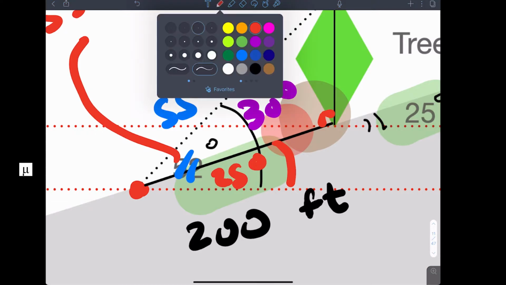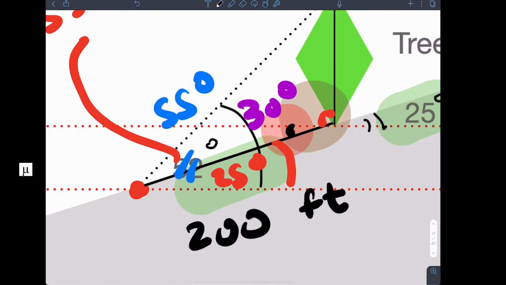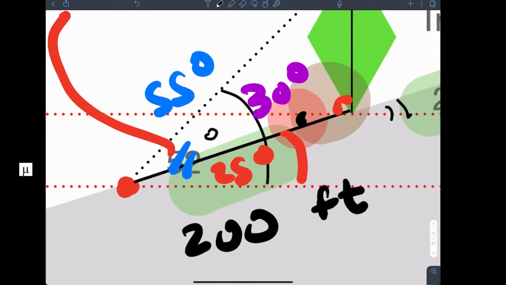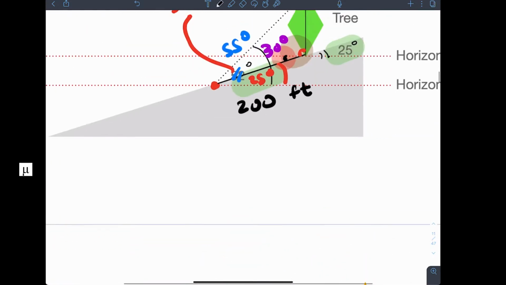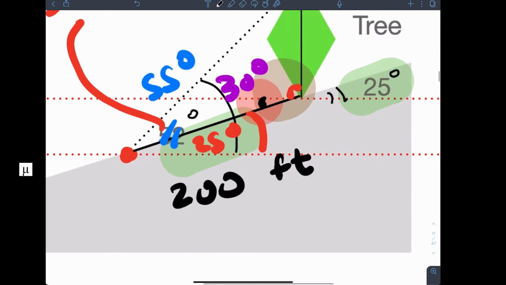Anybody know? That angle? How do I get that angle? Yep. How do I get it? Do you guys know? Isn't that 25 degrees?